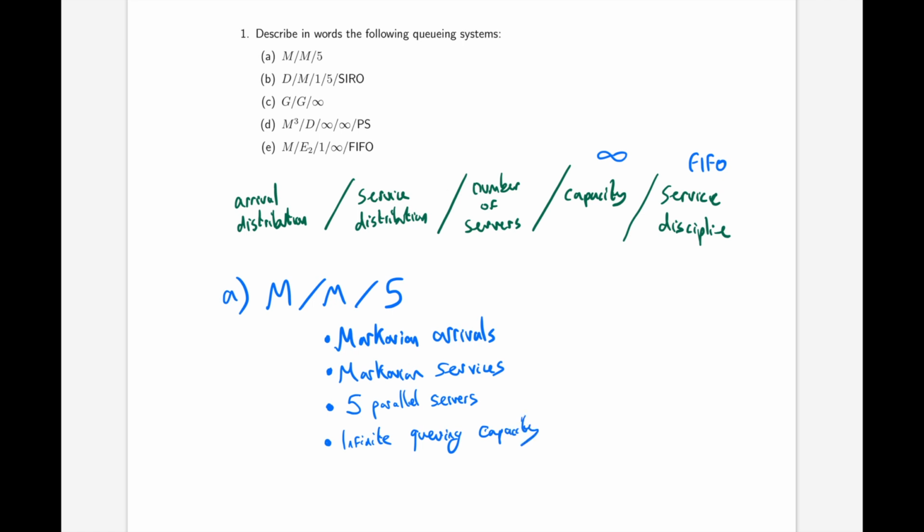Infinite queuing capacity. And FIFO, which stands for first in, first out service discipline.